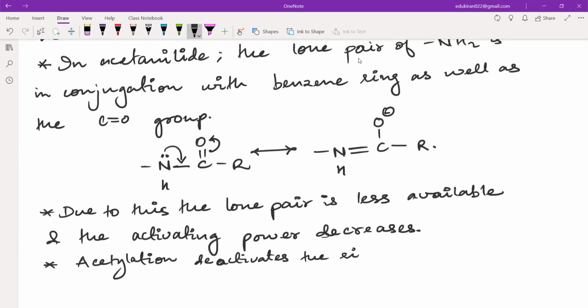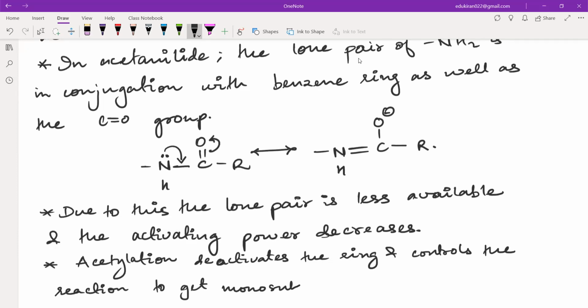It activates the ring and controls the reaction to get a mono substituted product.